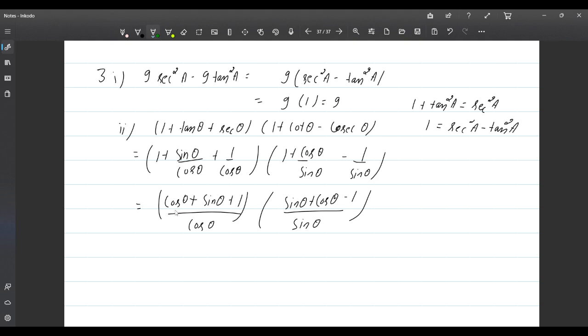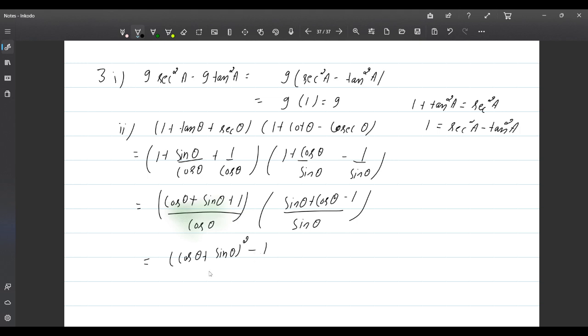Here we can see that this is cos theta plus sin theta, and this is cos theta plus sin theta. Here is plus 1, here is minus 1. This is all equal to a plus b, a minus b, so that is equal to a square minus b square.